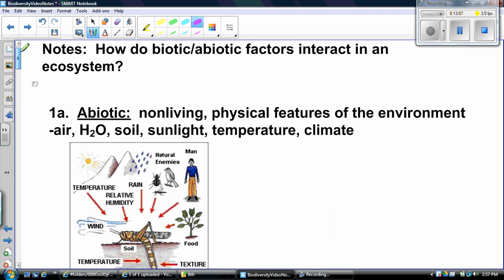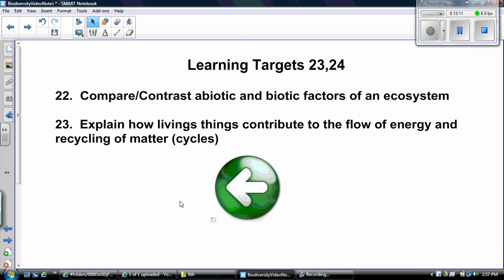Okay, so hopefully after listening to the video, you should be able to tell the difference between biotic and abiotic factors of an ecosystem. If I was to give you a picture of an ecosystem, you would need to be able to point out the biotic factors and the abiotic factors. And then target 23, we focus mostly on how living things recycle matter.